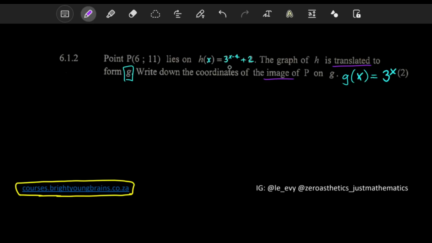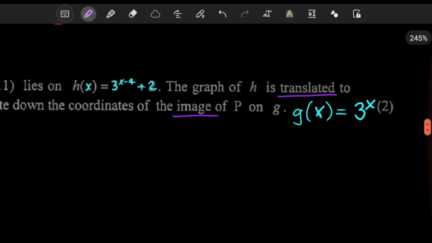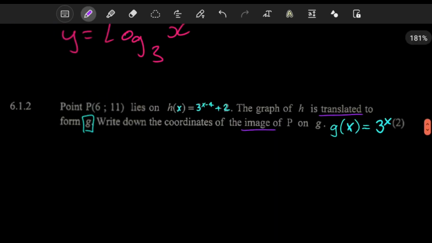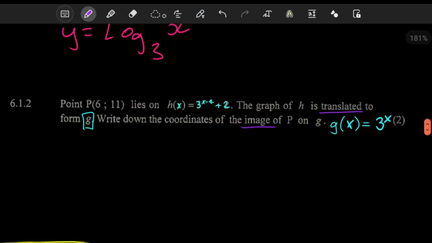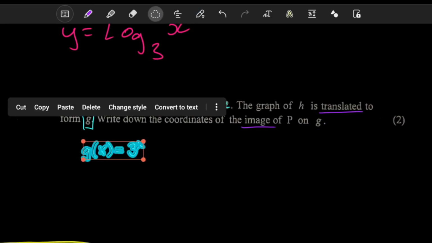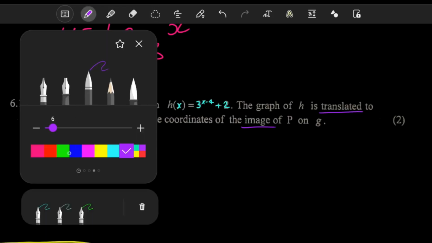This point here is in this equation, fine. And then it says the graph of h is translated to form g. So what you want to recognize is that if you look at g compared to h, 2 things need to be considered.